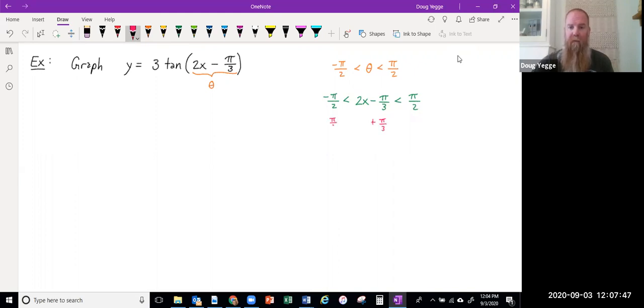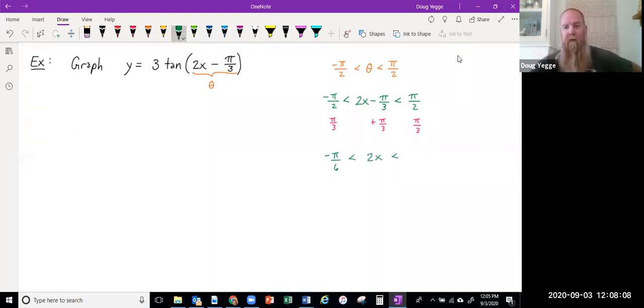Then we need a common denominator of 6 in order to do so. All right. So if we do this, we get negative 3 pi over 6 plus 2 pi over 6 is negative pi over 6. So the left side is negative pi over 6, which is less than still 2x in the middle.